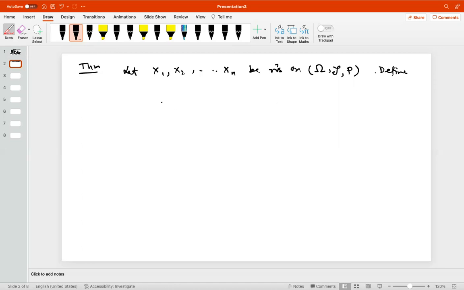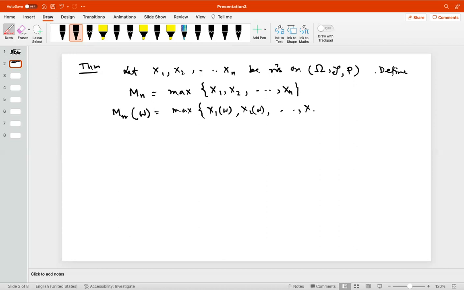Define Mn equal to the maximum of X1, X2, ..., Xn. What is the definition of this? Mn(omega) is just the maximum of X1(omega), X2(omega), ..., Xn(omega), for all omega in the sample space.